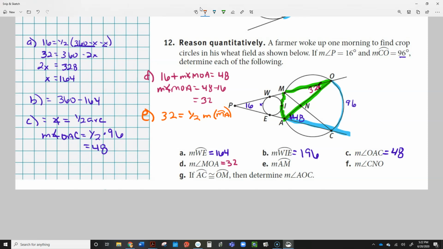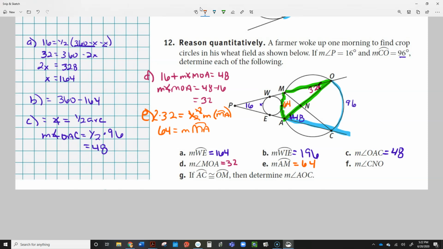All right, so I'm looking for MA, so I want the 1/2 to go away. So multiply both sides by 2, and you get 64 is equal to the measure of arc MA. Or AM, sorry, doesn't matter. 64 is the answer there. Okay, so this right here is 64.